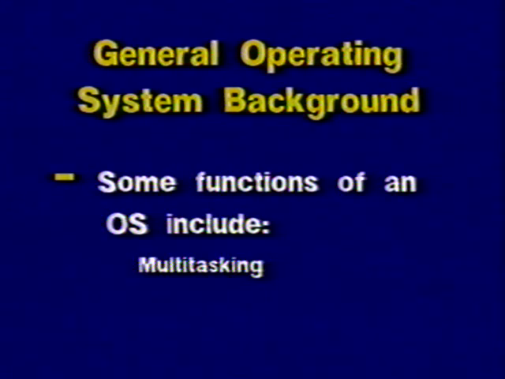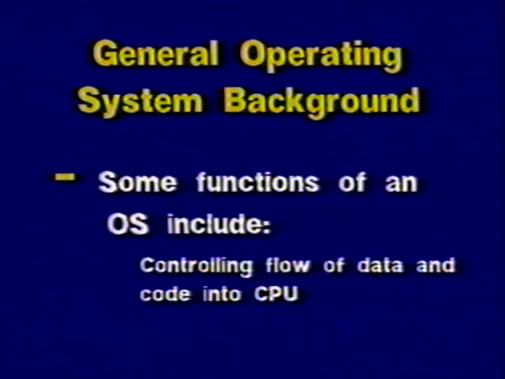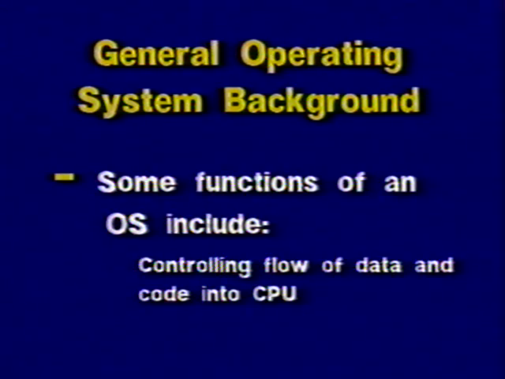The third function of an operating system includes controlling the flow of data and code into the CPU. Now, the brains of a computer are in the CPU. And remember, CPU stands for Central Processing Unit. An example of a CPU would be one of the various Pentium models from Intel, or the 386 or 486. Those would be examples of CPUs.